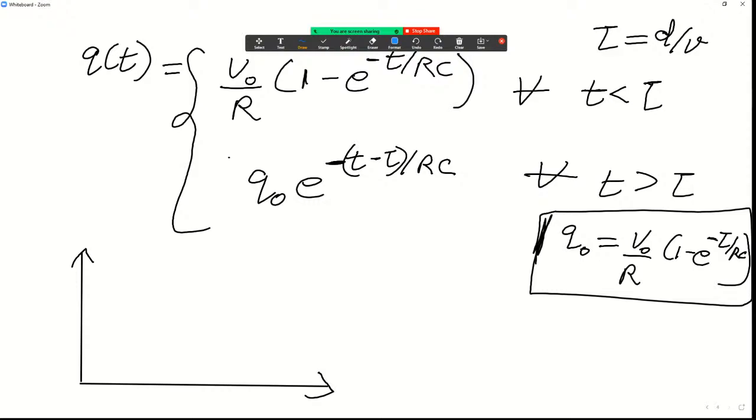So if we plug 0 here, then it would be 0 and would reach... would concavity be upward or downward? It would be downward, right? Because first till Q naught, it will be like this.